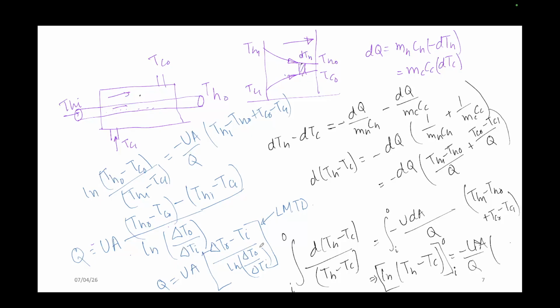So the thing is that you can observe it from this graph. If I talk about this delta T0, that means the temperature difference between these two ends, right? And delta Ti should be the temperature difference between these two ends. In the parallel flow, I'm just writing this thing again.